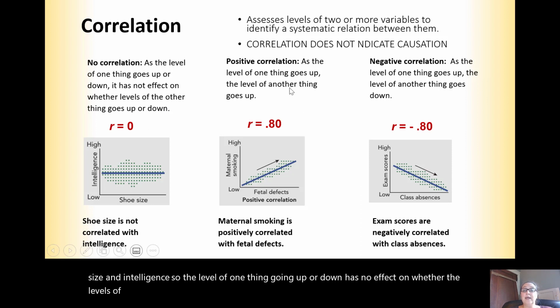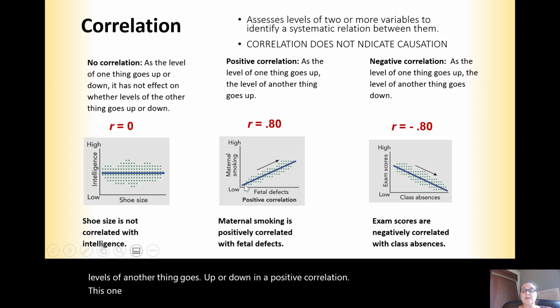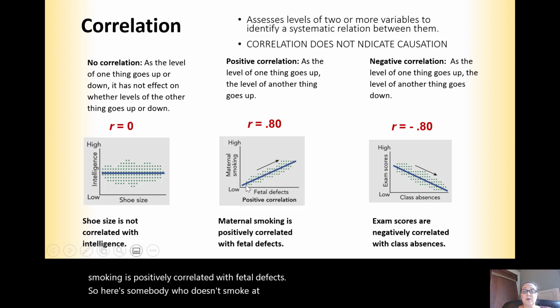In a positive correlation, this one, as one thing goes up, the level of the other thing goes up. So here we have maternal smoking is positively correlated with fetal defects. Here's somebody who doesn't smoke at all, and there's almost no fetal defects. There's still one or two.